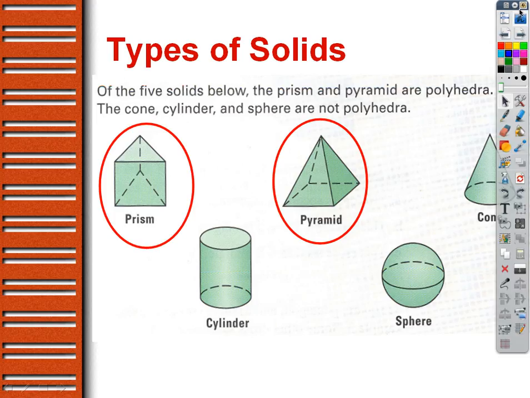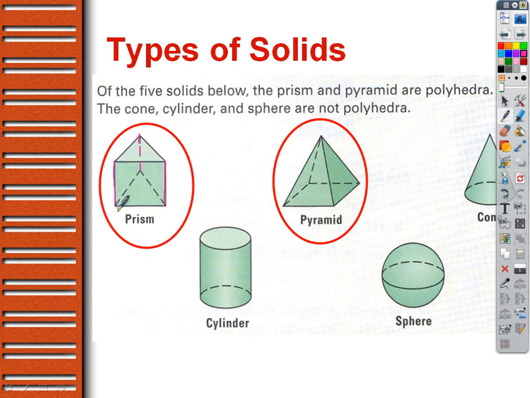All of the lateral edges are going to be parallel. In other words, that triangle on the top can't be smaller than the triangle on the bottom. They're congruent. Okay. So there's a prism, and we'll talk about those a lot more in later sections in the chapter. But that's your first introduction.